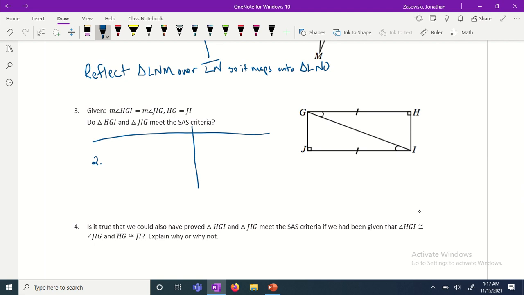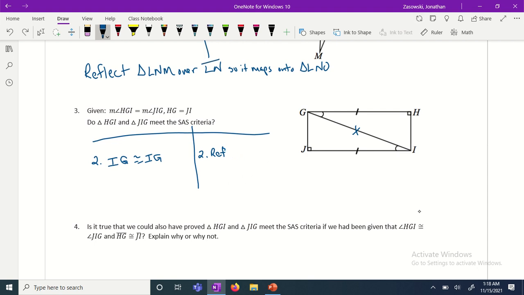Oh, hopefully you noticed. Right now we have angle, side, angle, but we want side, angle, side. So we do have enough if we do this side right here, right? So IG is congruent to IG. Okay. Once again, that's reflexive property. That's a little bit sloppy.